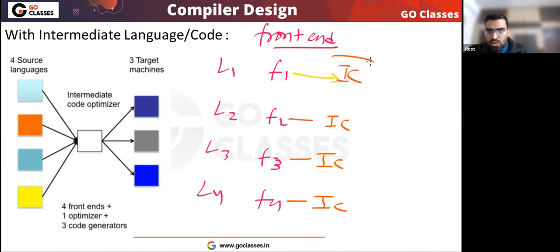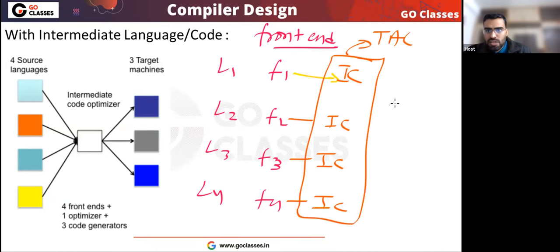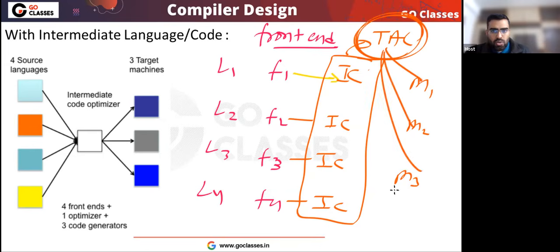Now you can notice that these intermediate codes are 3 address codes. So finally we only have to deal with the intermediate code. The platform, I can say machine M1, machine M2, machine M3, only has to deal with the intermediate code, which is only 3 address code, nothing else.